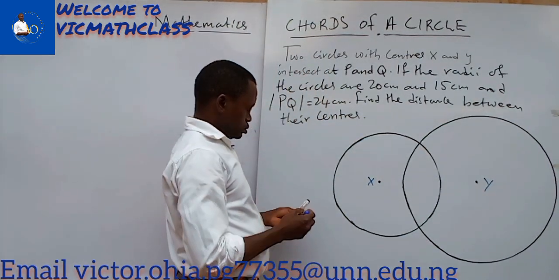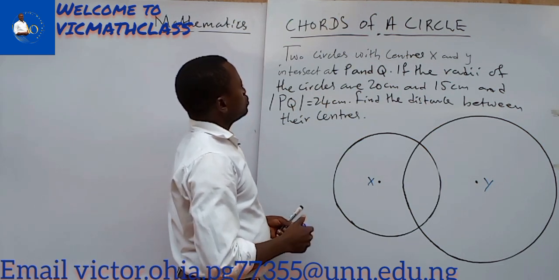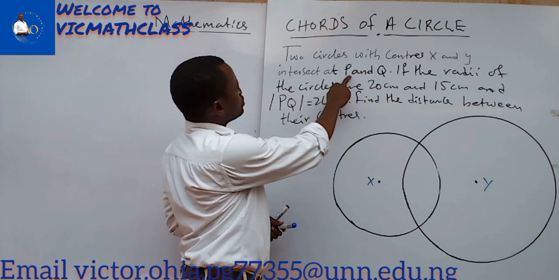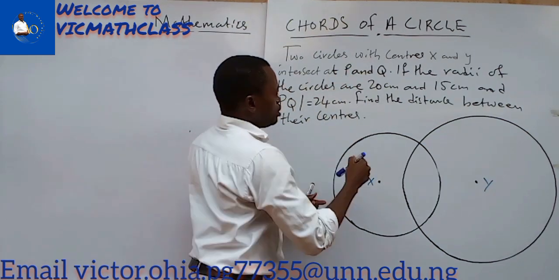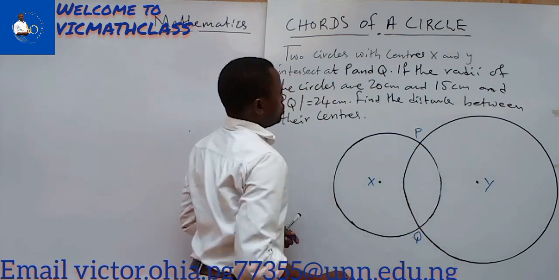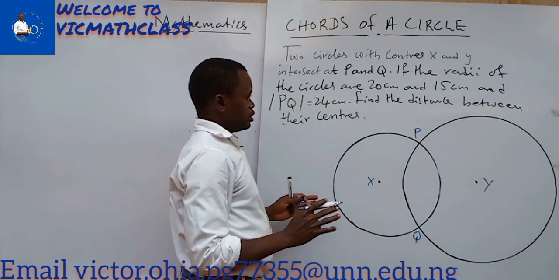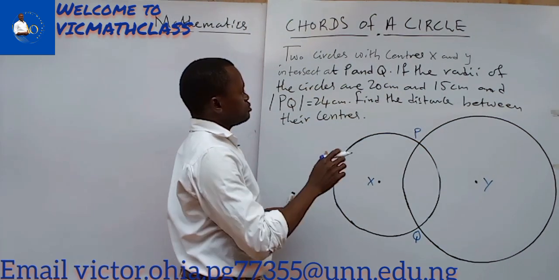What was brought to our understanding is that these two circles intersect at points P and Q. So let me label here P and here Q. The next statement is that the radii of the circles are 20 cm.